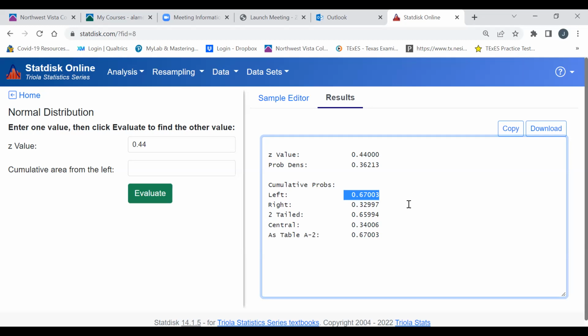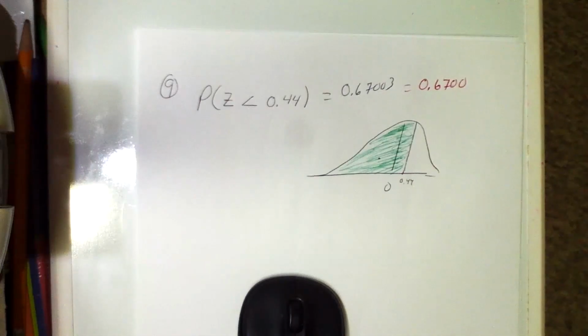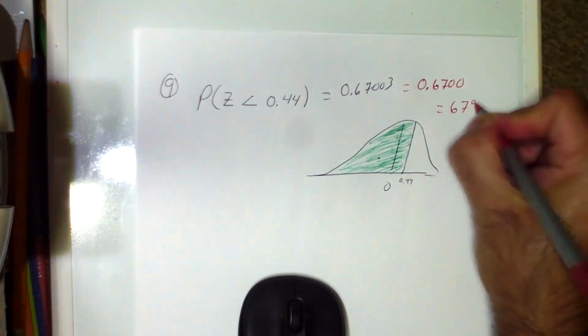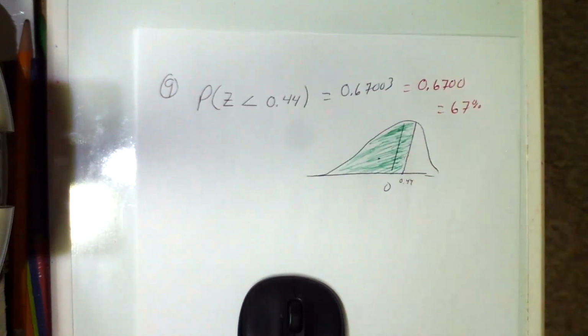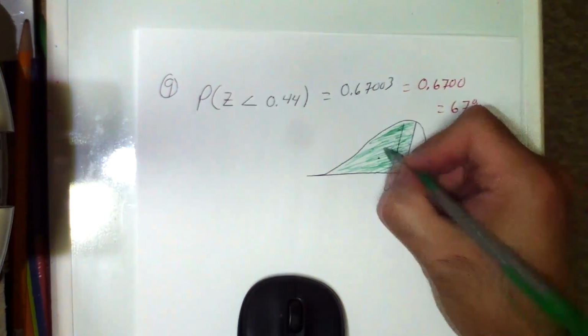So my answer ends up being 0.6700. And so that's your answer. If you want to change it to a percentage, by all means, this ends up being 67%. So 67% of the curve is shaded.